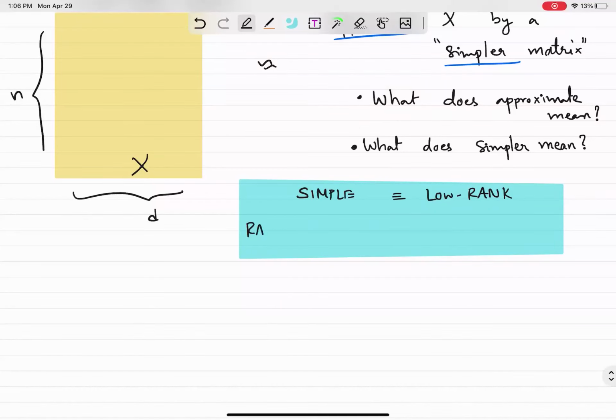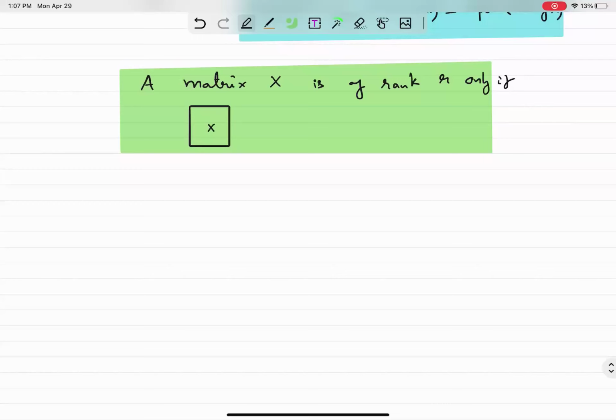Remember the definition of the rank of a matrix. The rank of a matrix is the dimension of the span of the rows of X, which is also the span of the columns of X. But for us, the best way to think about simplicity is that a matrix X is of rank R only if I can factor it, that is, write it as a product of two much smaller matrices.